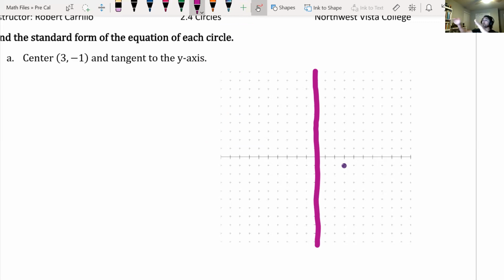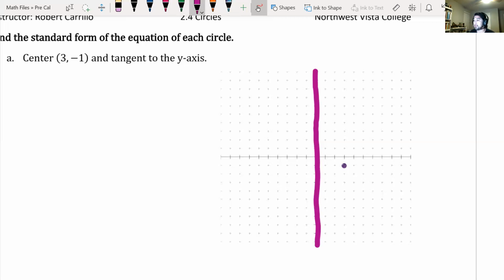This means that my circle comes down, shares 1 point with the y-axis, and takes off. So tangent only means 1 point. That's it. No more points.